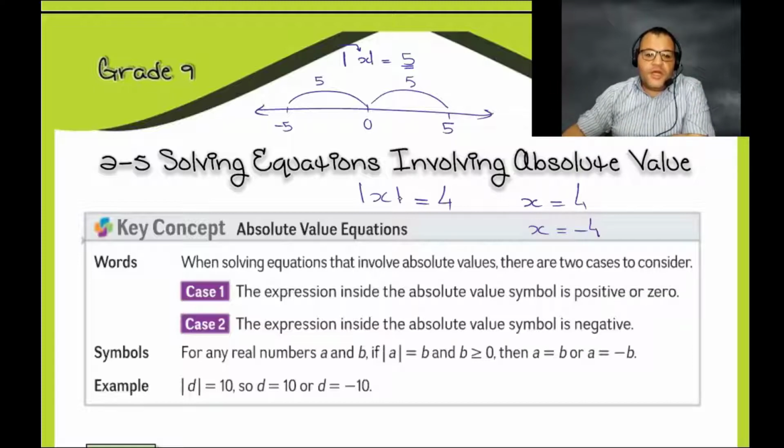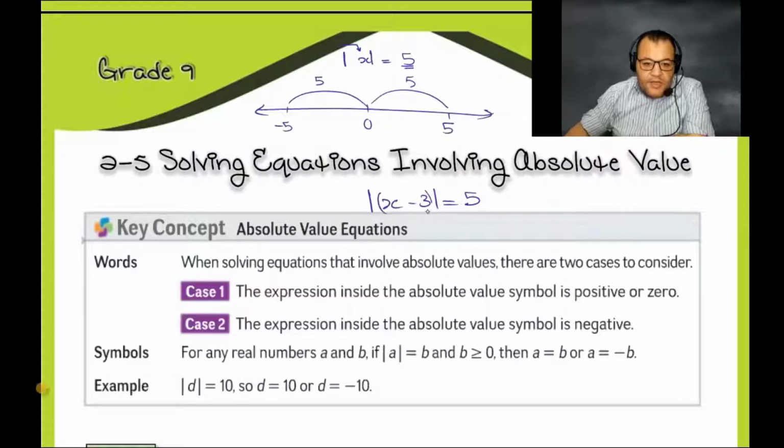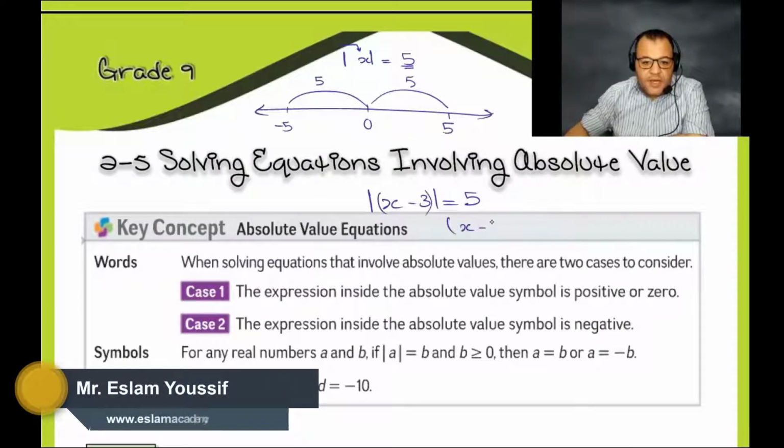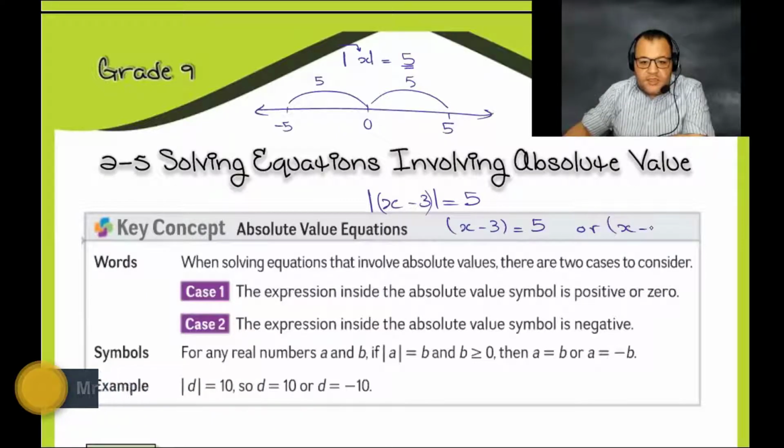When I say that the absolute value of any expression equals 4, that means this expression could equal 4 or negative 4. So when I say the absolute value of x minus 3 equals 5, it means the expression inside the absolute value, x minus 3, could equal 5, or x minus 3 could equal negative 5.